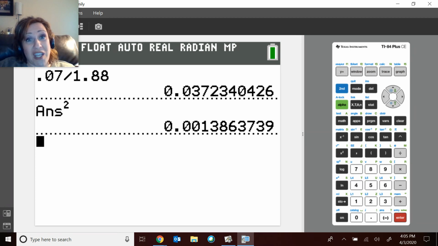Sometimes you get a number here that is actually crazy small, written in scientific notation, something times 10 to the negative fourth or fifth or whatever. So this is why we are using this keep-it-all-in-the-calculator technique.